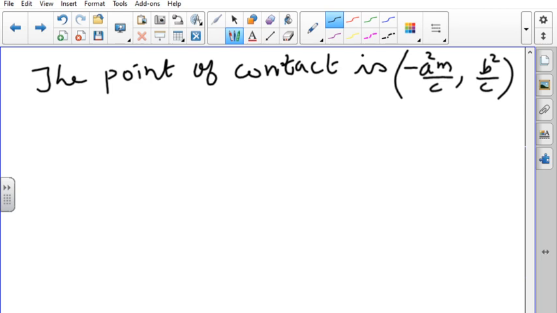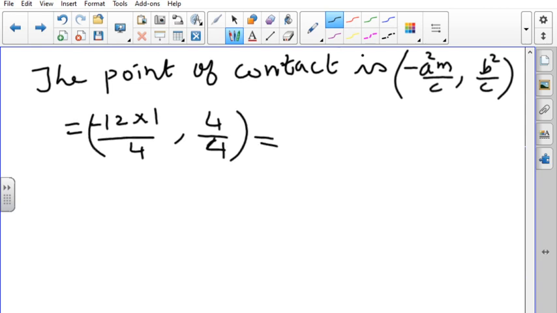So it is equal to a square is 12, so minus 12, m is 1, by c is 4, b square is 4, c is 4. So 4 goes here 3 times and 4 by 4 is 1. So we get minus 3 comma 1. So this is the point of contact.